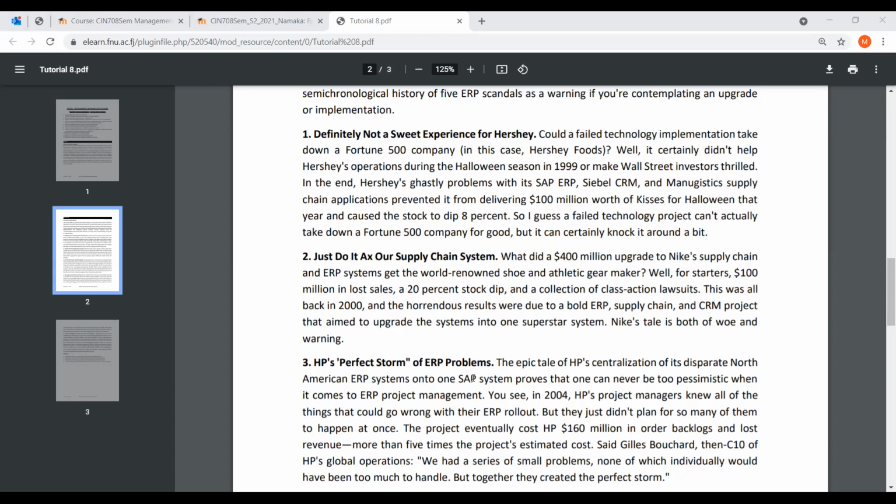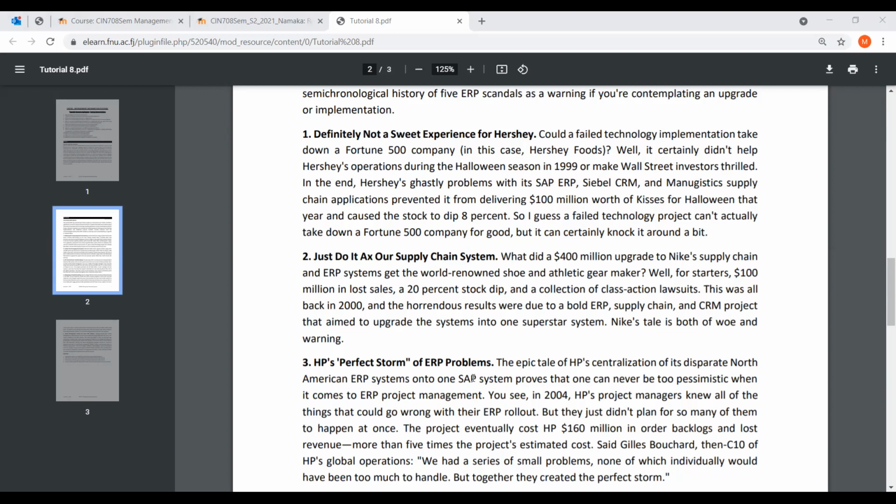Kisses, by the way, is a chocolate, and it caused the stock to dip 8%. So I guess a failed technology project can't actually take down a Fortune 500 company for good, but it can certainly knock it around a bit.